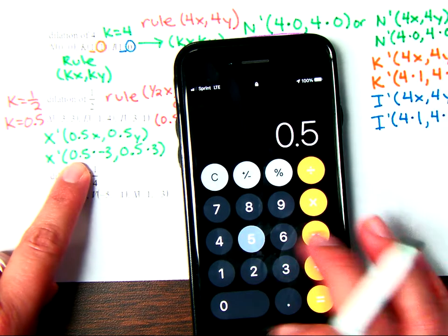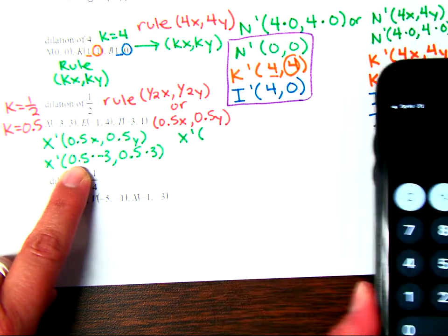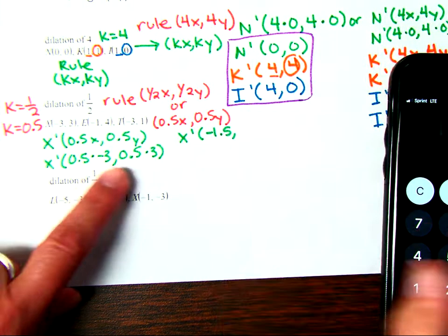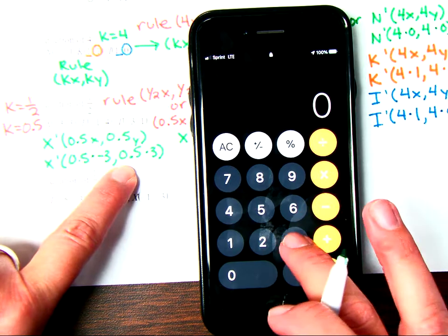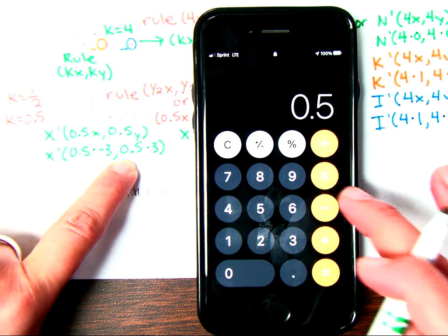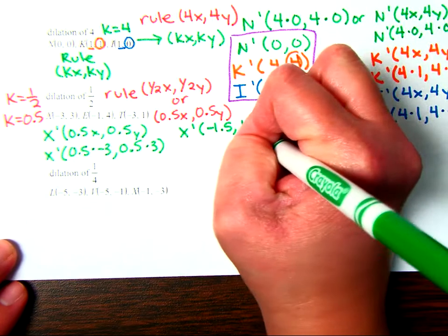So 5/10 times -3 is -1 and 5/10, because half of 3 is 1.5. But this one was a negative, and here again, think about half of $1. If you have $3 and you split it in half, you have $1.50. But just to prove it, 5/10 times 3 is 1.5. So that's my new ordered pair.